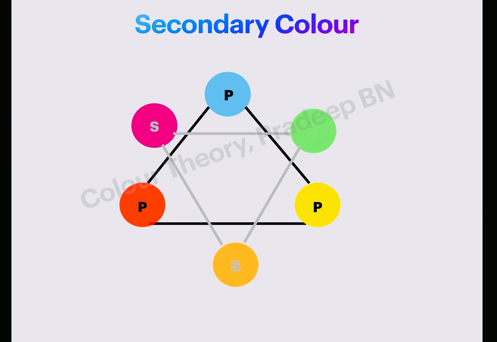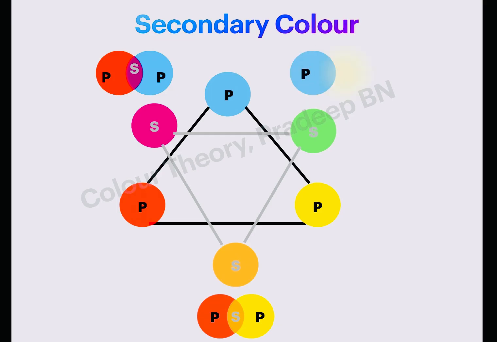Similarly, when you mix yellow and blue, you get green as the secondary color. So I'm showing you again, two primary colors mixing in equal quantity leads to secondary color. Secondary colors are violet, green and orange. So these are secondary colors.